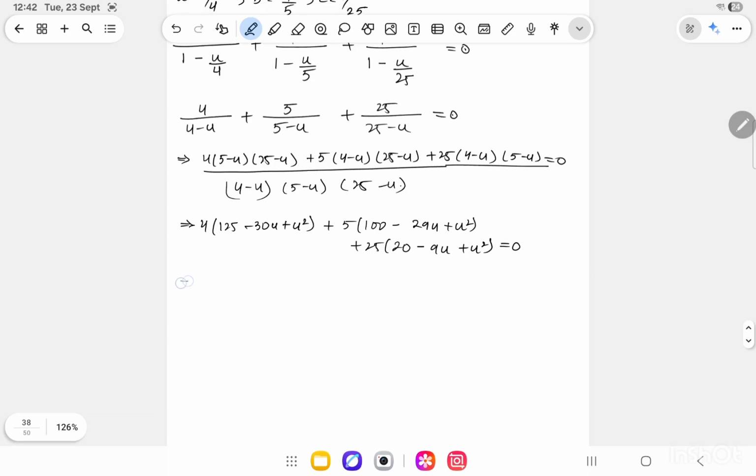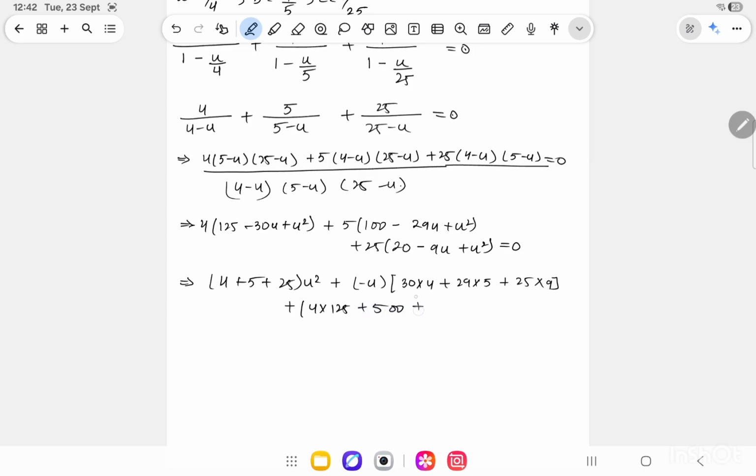If I simplify it, I'll be left with 4 plus 5 plus 25 into u square minus u into 30 into 4 plus 29 into 5 plus 25 into 9, plus 4 into 125 plus 500 plus 500 equals to 0.